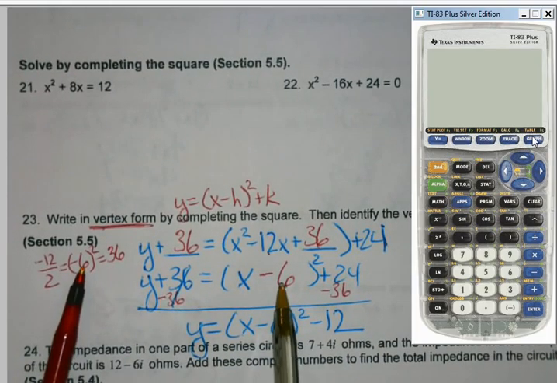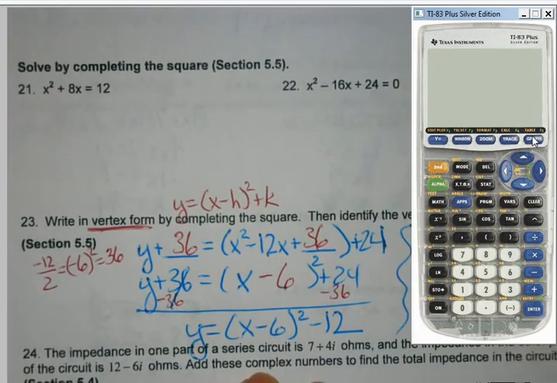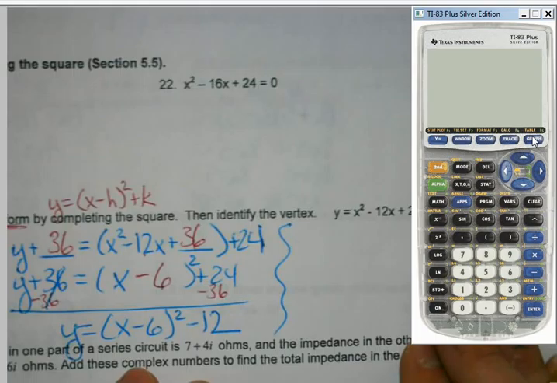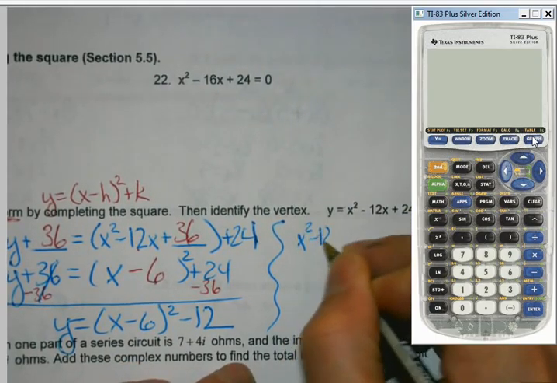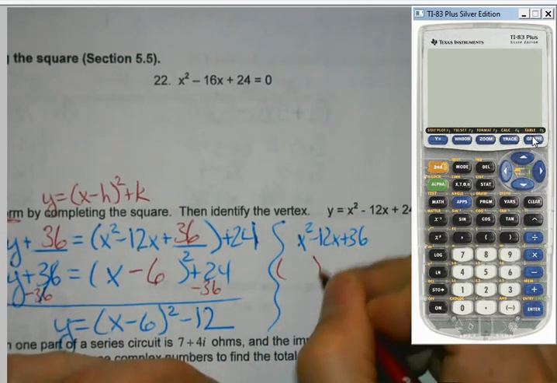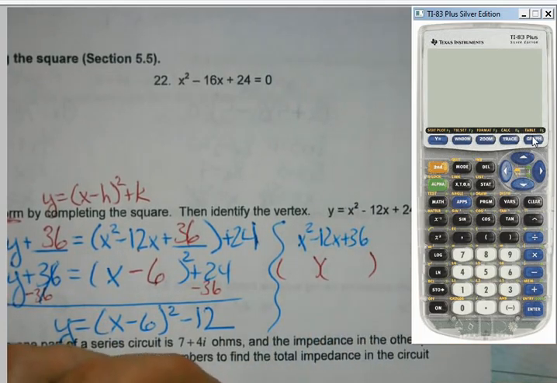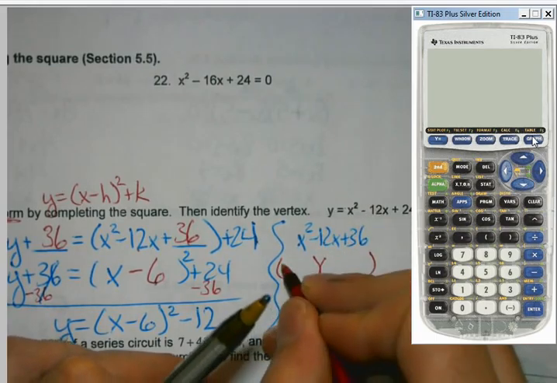But even if I didn't think of that, here's what you could do. Let me do a little side work here. If I'm looking at x squared minus 12x plus 36, and I went to factor, what multiplies to positive 36 but adds to negative 12?